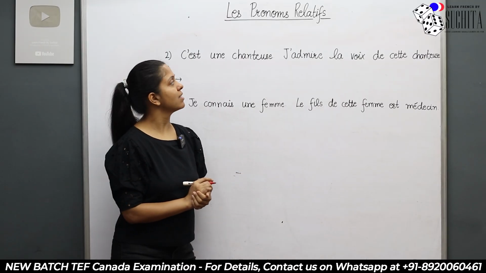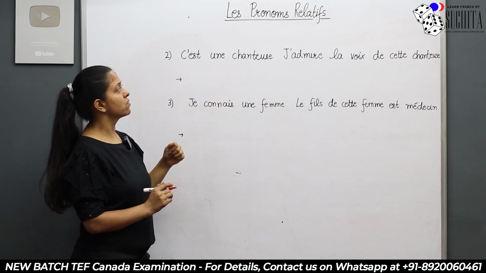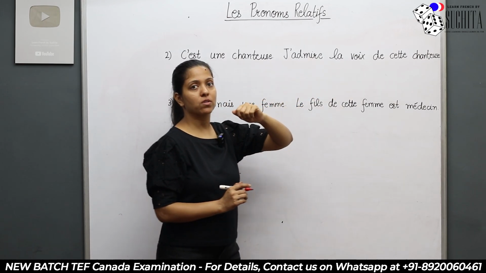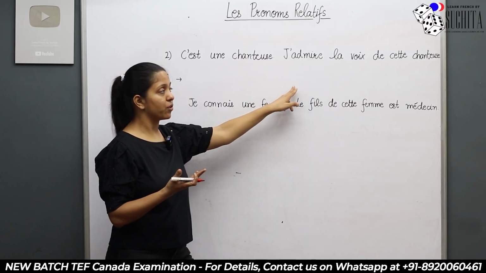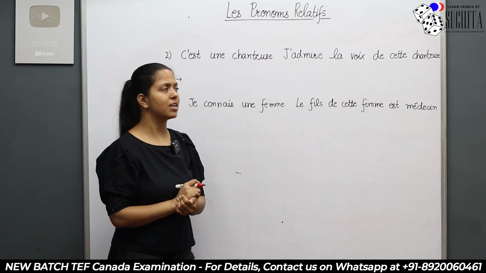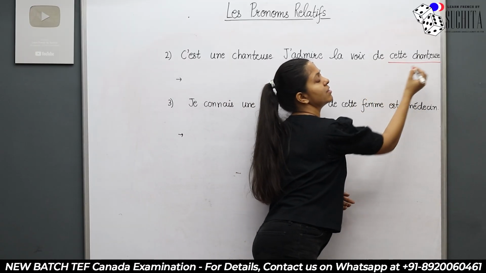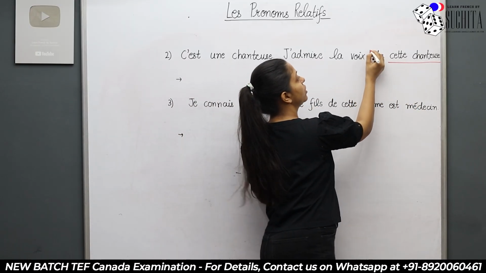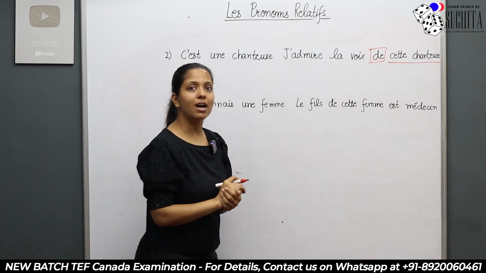Let's look at our second example. C'est une chanteuse. This is a singer. J'admire la voix de cette chanteuse. So I admire the voice of this singer. Now what is the repetition in the second sentence? Cette chanteuse. This is the repetition, and before this repetition you have "de" as the preposition.